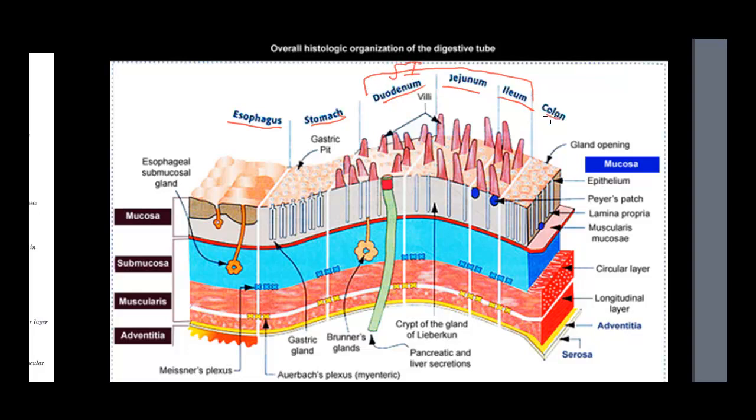And then the colon or the large intestine. And then along here we see mucosa, submucosa, muscularis externa, and adventitia serosa, which is a connective tissue that is holding all this together. So we have a kind of a matrix here.